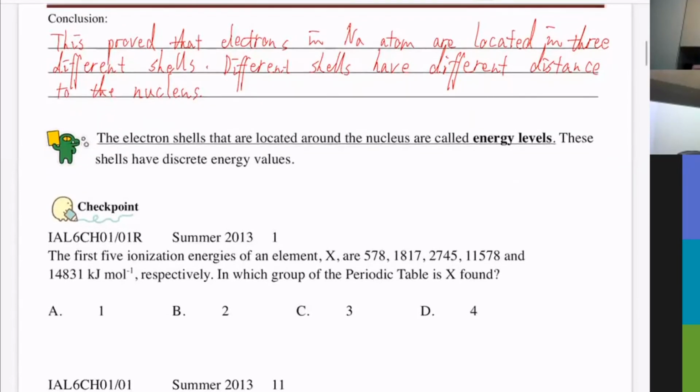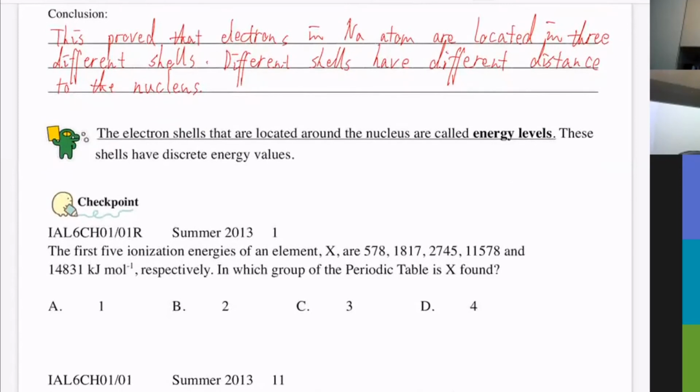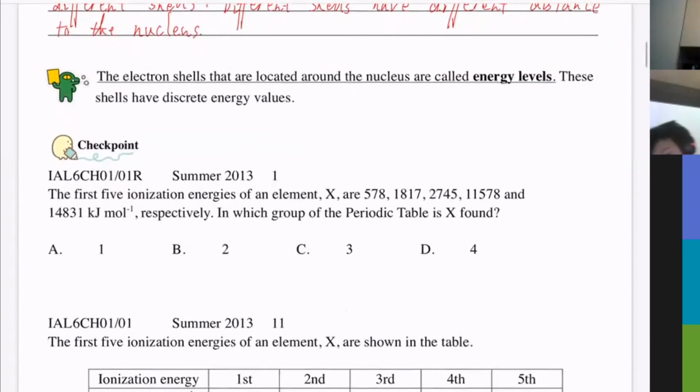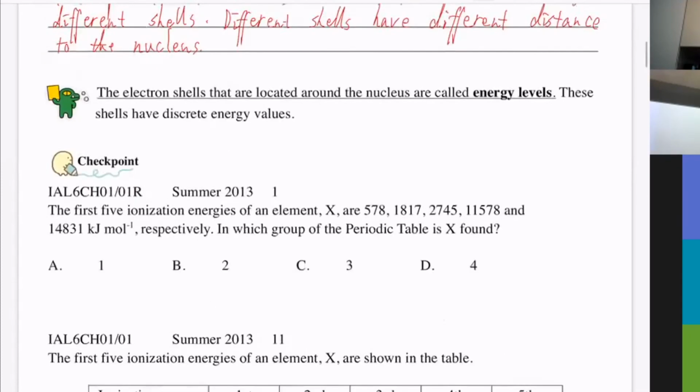So here are some questions. These are questions from A level, which will be similar to IFY, or similar to DSE to IFY. So we can have a go at those questions.